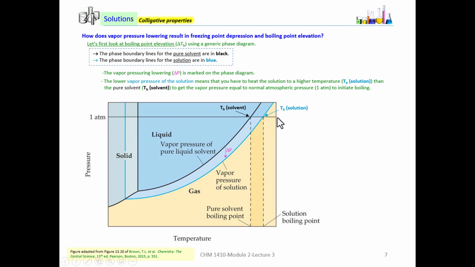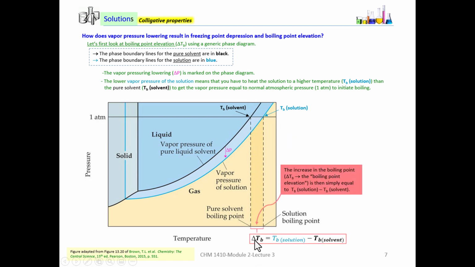Because remember, boiling point is defined as the temperature at which the vapor pressure equals atmospheric pressure. So since the vapor pressure is lowered for the solution, you actually have to heat it to a higher temperature to get its vapor pressure equal to atmospheric pressure. So the boiling point of the solution is higher than the boiling point of the solvent.